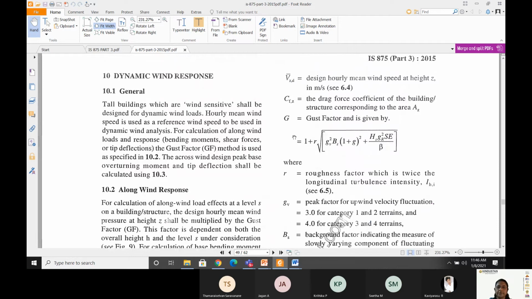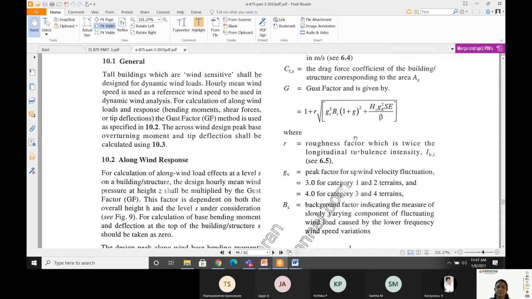You can use the codal provision and calculate the value of G. I'll give a simple explanation. 1 plus r, where r represents the roughness factor. That means we are including the roughness of the terrain, how rough the terrain is, whether category 1, 2, 3 or 4. The roughness and turbulence intensity, everything has to be taken into consideration.